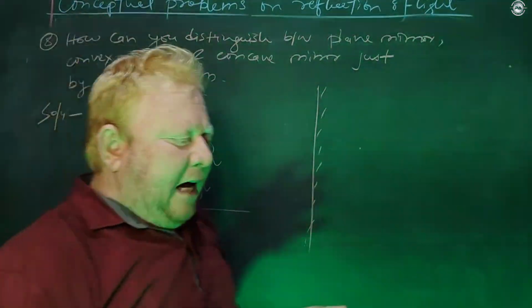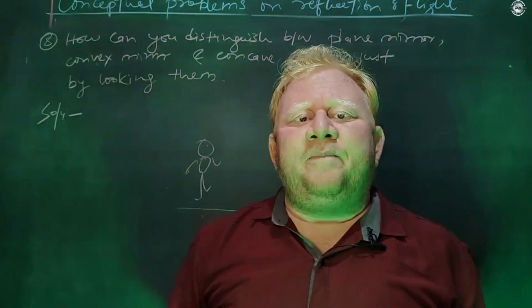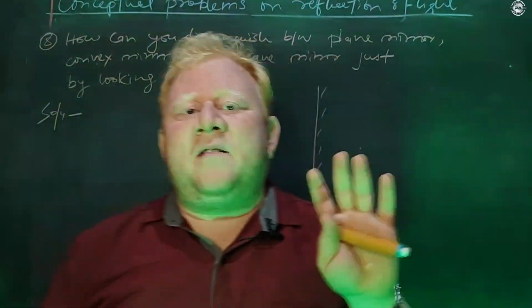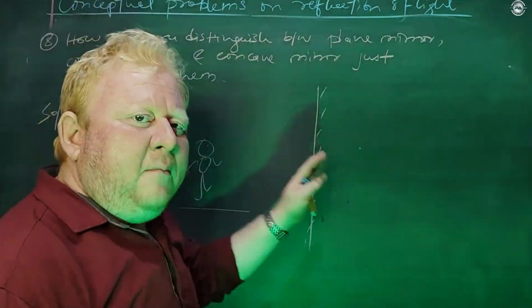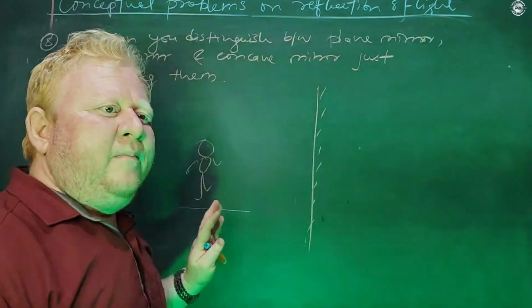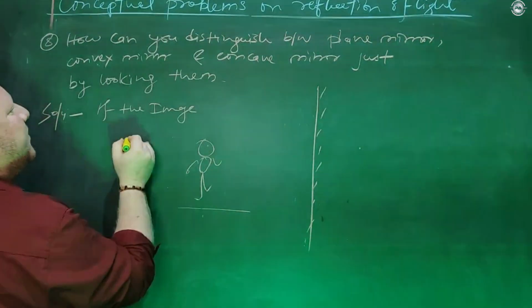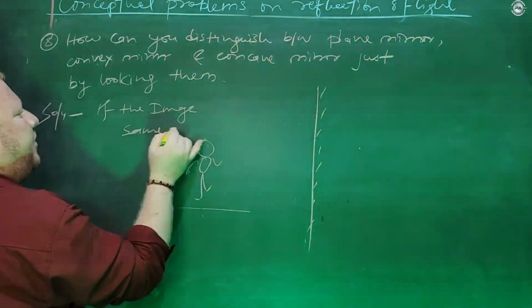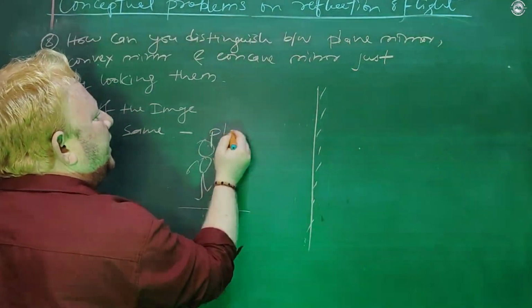See, I will place myself in front of the mirror just as it is. Now if I observe the image formed by the given mirror is same size. I found same size, then the given mirror is plane.